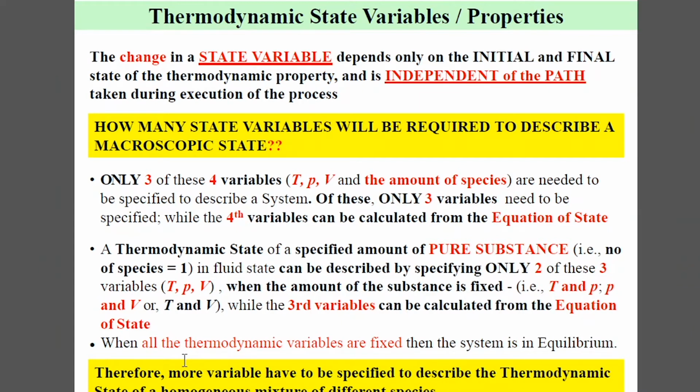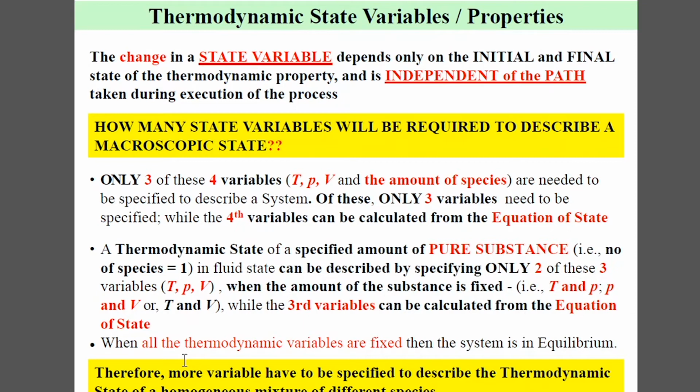When all the thermodynamic variables get fixed, the system is said to be at an equilibrium state. Therefore, more variables need not be specified. We need to know the basic parameters to pinpoint the state. More variables have to be specified to describe the thermodynamic state of homogeneous mixtures of different species, because here we have taken the species to be 1.